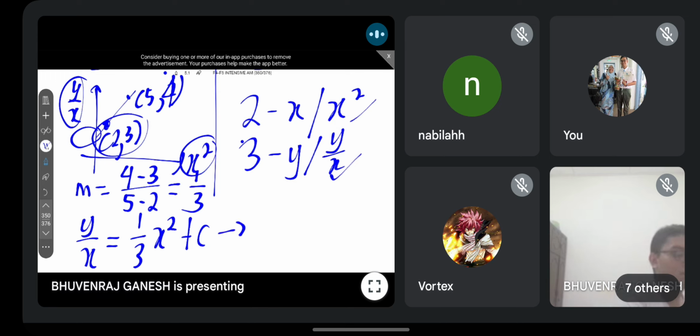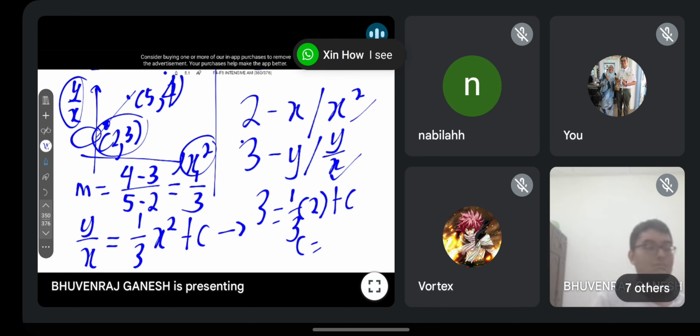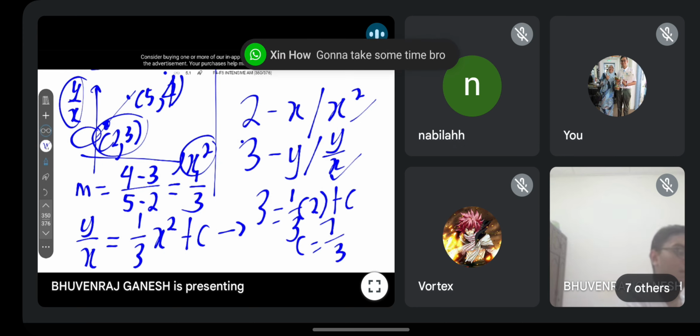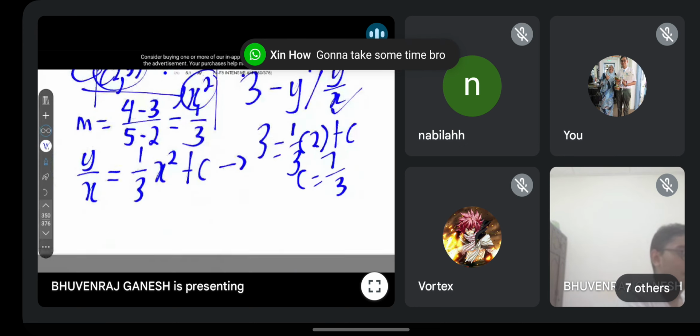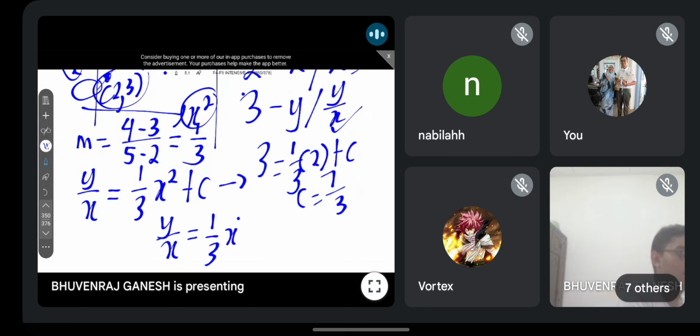Now you can substitute: 3 equals 1 over 3 times 2 plus C. If you press the calculator, you will get 7 over 3. So your y-intercept is 7 over 3, and you write back the equation: y over x equals 1 over 3 x square plus 7 over 3.